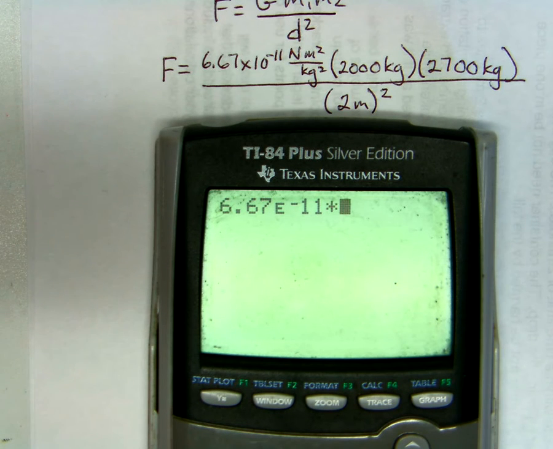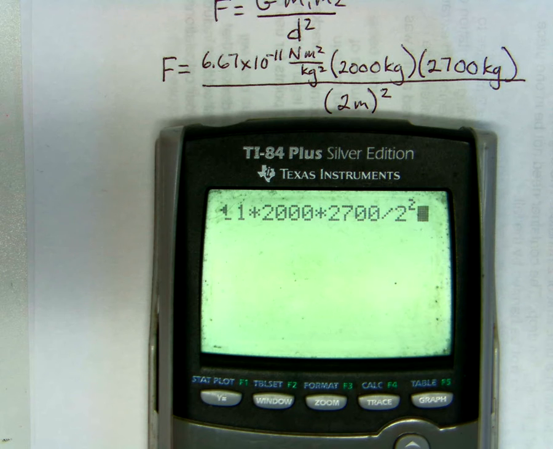All right, we multiply this by 2,000 and then by 2,700. I can just use parentheses for all this until I put the times, right? Yeah, you can do parentheses. And then we divide by our 2 squared.